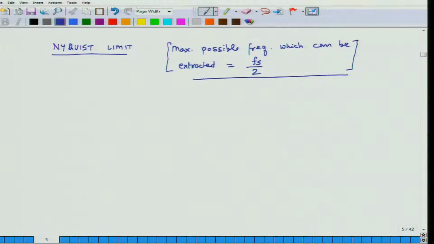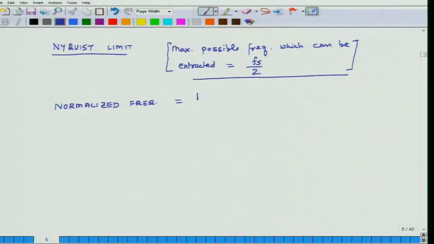Okay. Now, I am going to introduce 4 different frequencies. So, the first one is the normalized frequency. Okay. And what is normalized frequency?